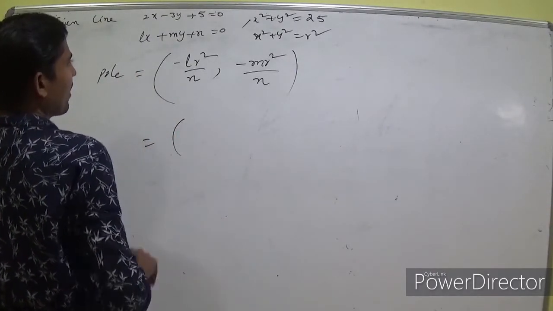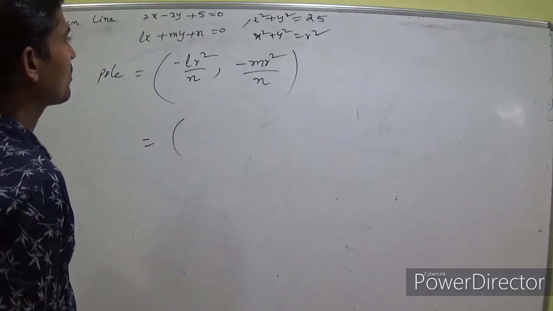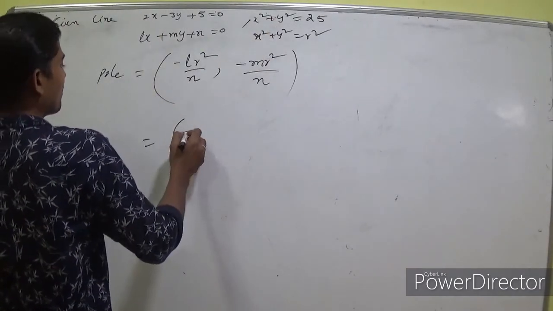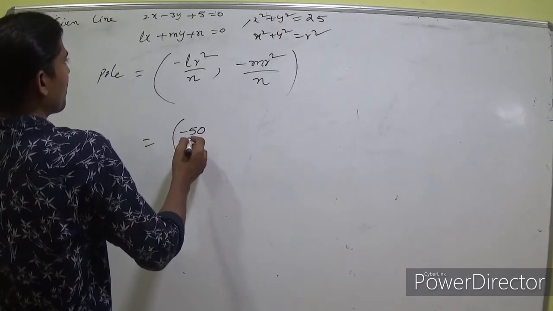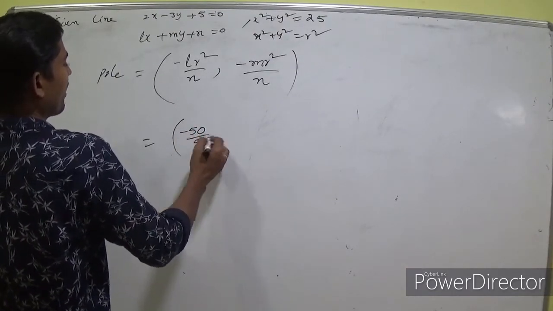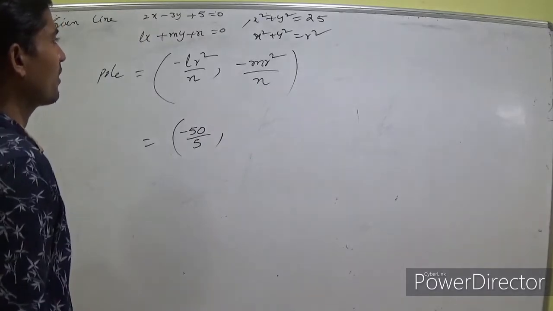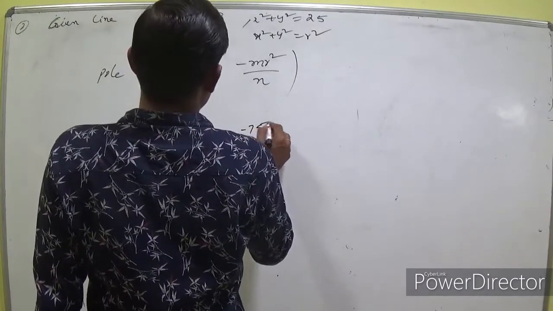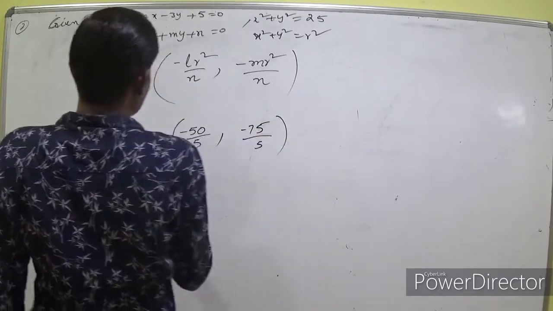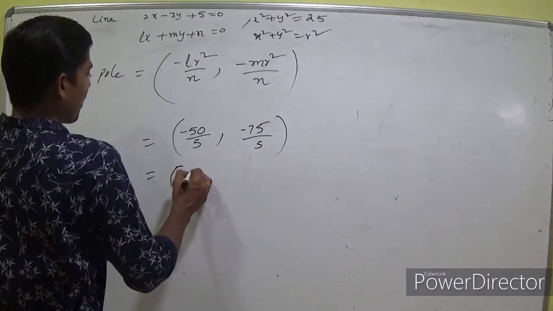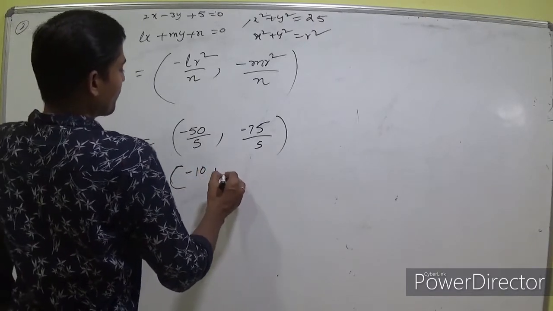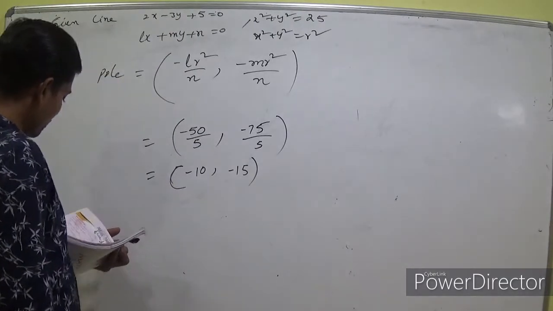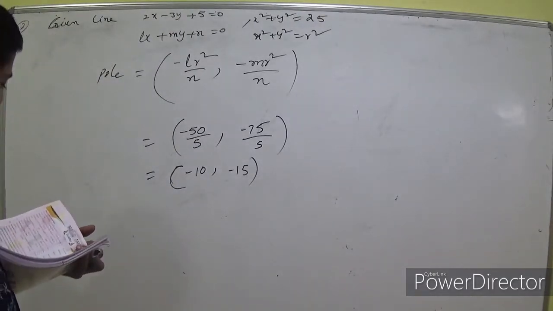L is 2, r square is 25, so 2 into 25 is 50 by n, which is 5, giving minus 10. Then minus mr square, so minus 75 by 5, which is minus 15. So the pole is minus 10 comma minus 15.